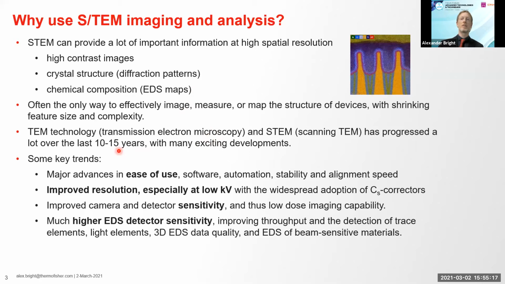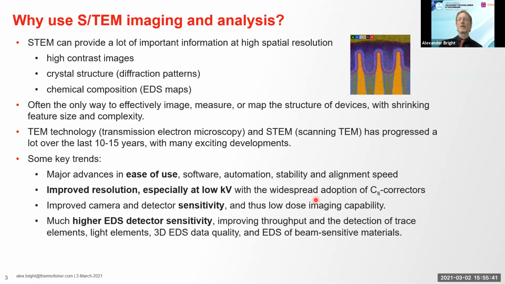Over the last 10 to 15 years, we've seen a lot of big improvements in the technology and the ease of use of TEM and STEM instruments. In particular, some key trends are big increase in ease of use, software, automation, overall stability, and the ease of alignment, and improved resolution, especially at low kV.